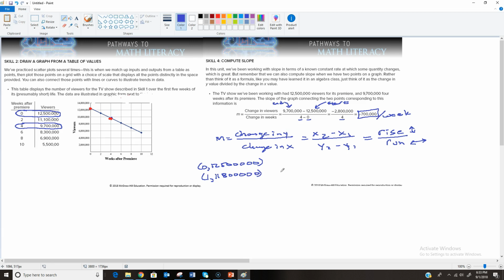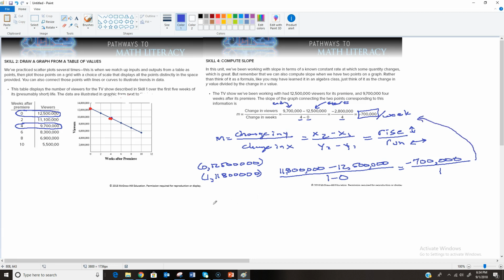So if we did that, that would be 11,800,000 minus 12,500,000, and that would be over a period of 1 week, because we just went from week 0 to week 1, so 1 minus 0. So we ended at 11,800,000. We started at 12,500,000, so we lost 700,000 over 1 week, which again is 700,000 a week.